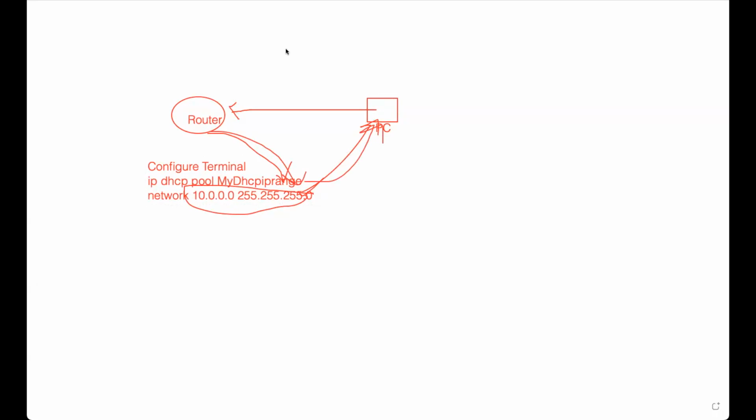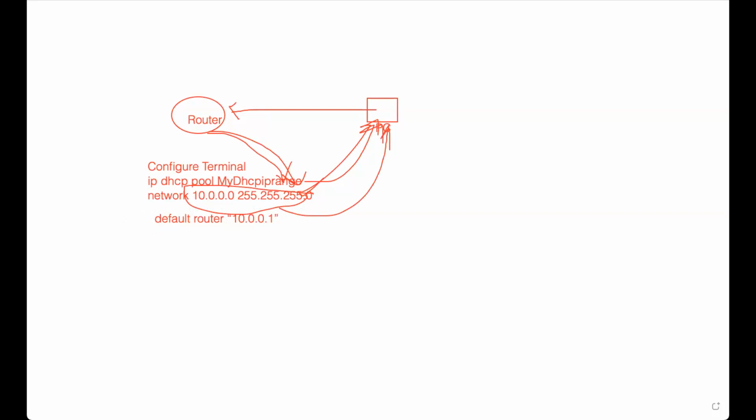And then we also define default router and then the IP address 10.0.0.1. That will be the gateway IP pointing to the PC.